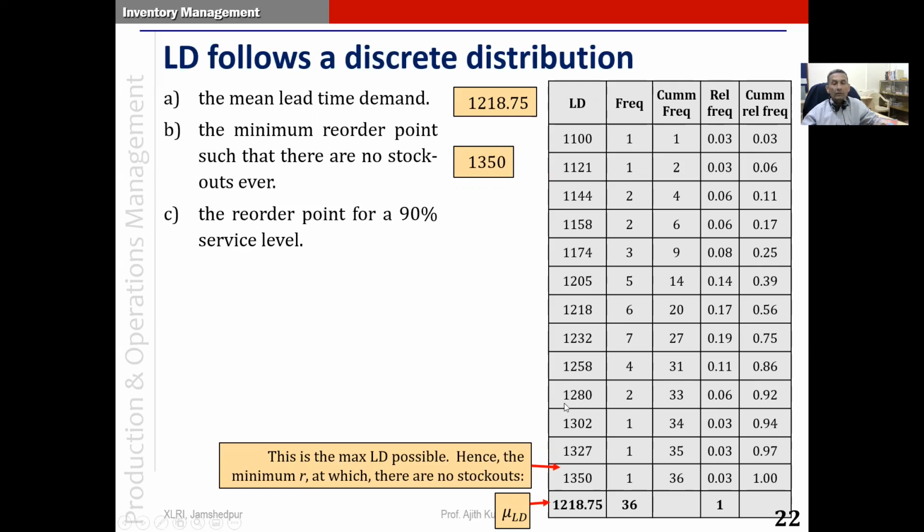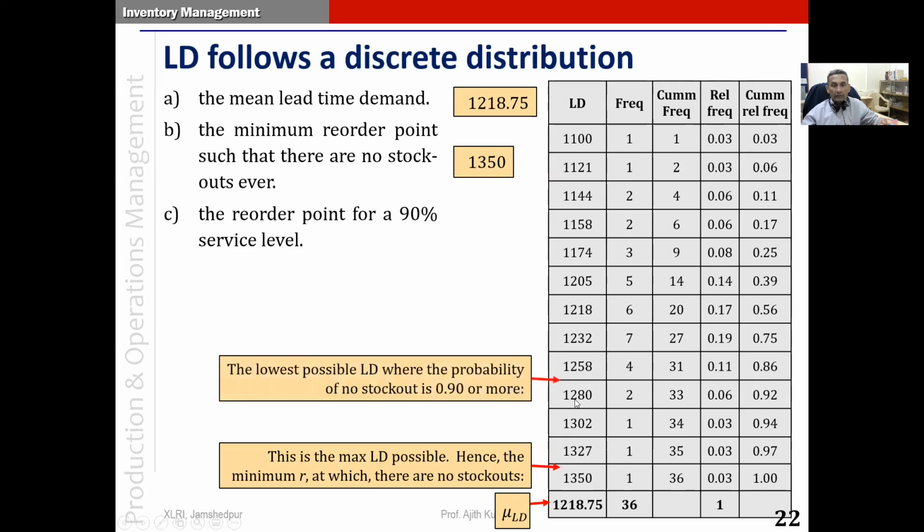So suppose our reorder point was 1,280, then we can see that 92% of the time, our lead time demand would be less than or equal to that value. And therefore, that helps us to answer part C. So the reorder point of 1,280 gives us a service level of at least 90%.